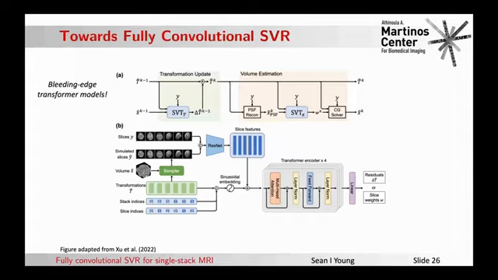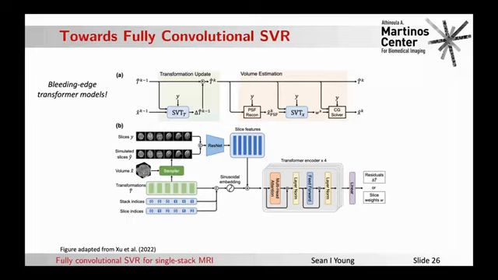But if you have a look at this, there are a lot of disjoint components here as well. There's the transformer model that is responsible for estimating the motion parameters for each individual slice, as well as another transformer model that will estimate the volume.